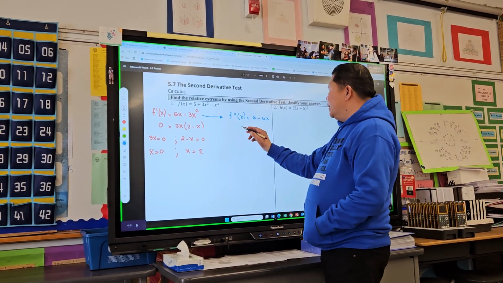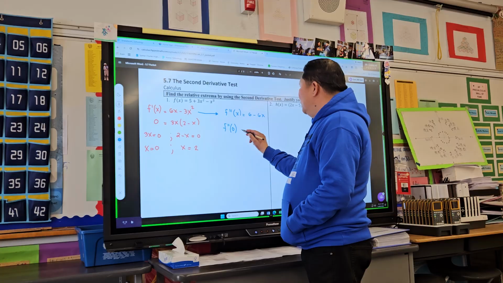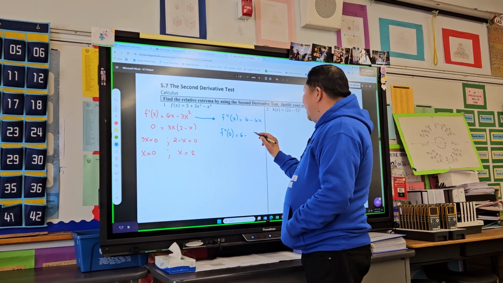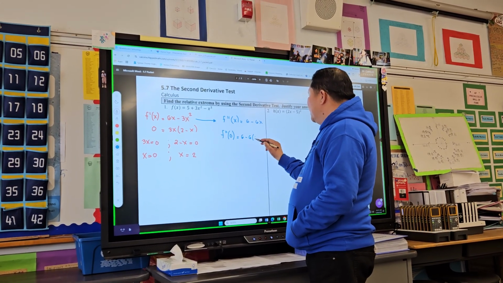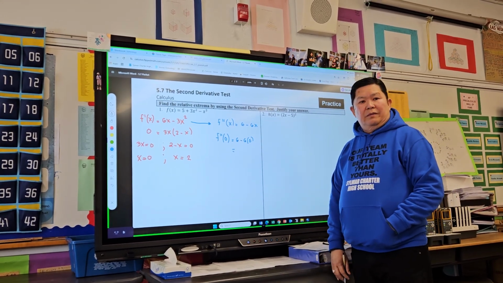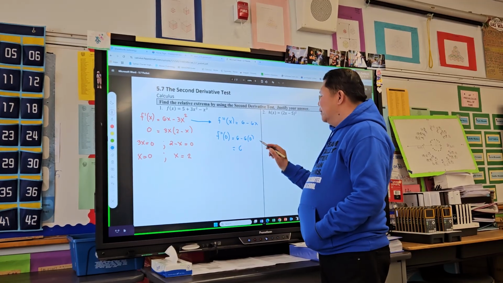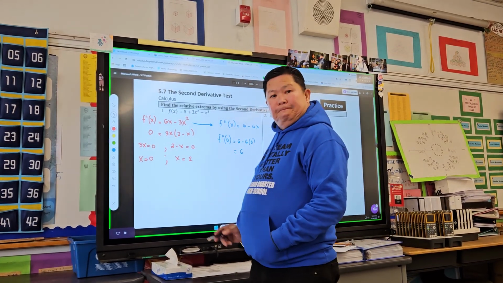So we say f double prime of 0 is equal to 6 minus 6 times 0. So what is that? It's 6. So is 6 greater or less than 0? Greater.